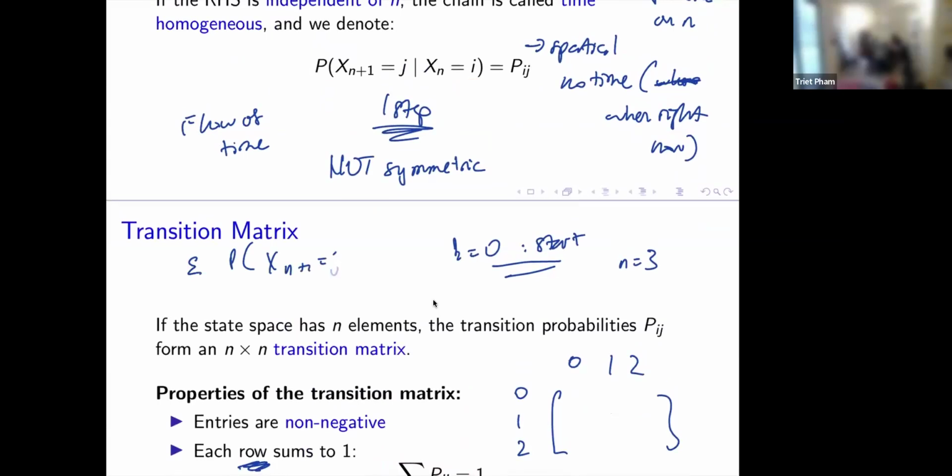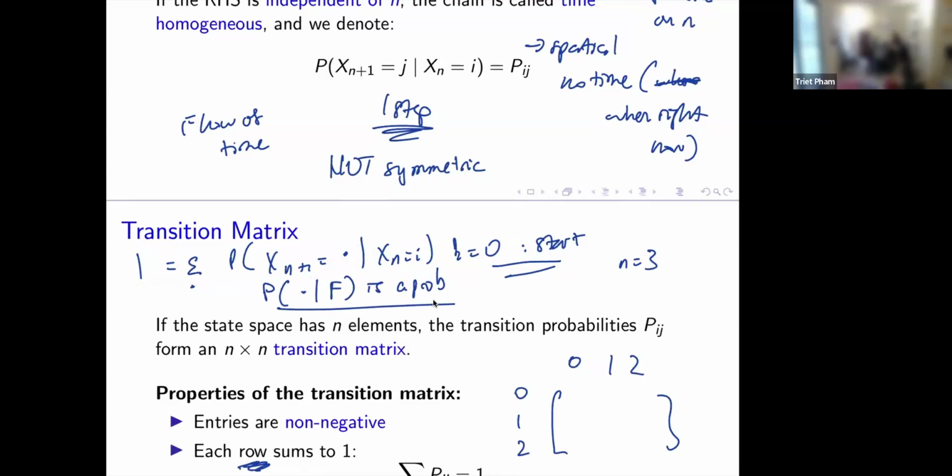Sorry, let me just put a dot here to make it clear for you. Like that, fixing the current state, you look at all possible future states you're going to go into. Then that's 1. Basically, this comes exactly from what we discussed once upon a time, that conditional probability is a probability. This is probably lecture 1. That is exactly where it is relevant right now.